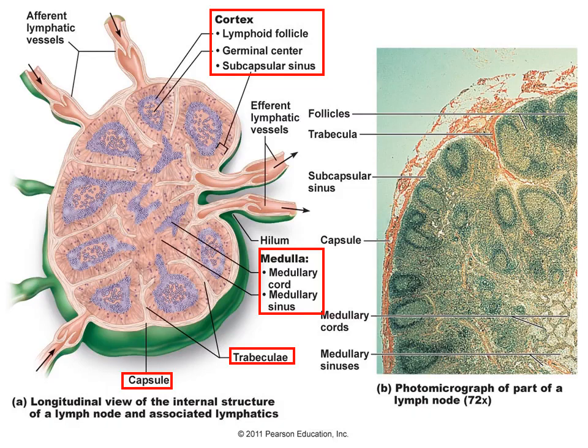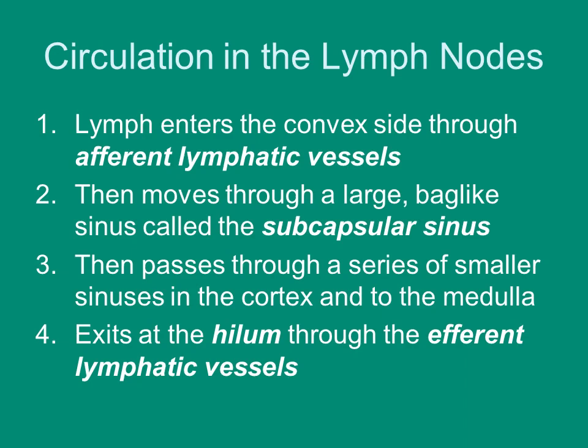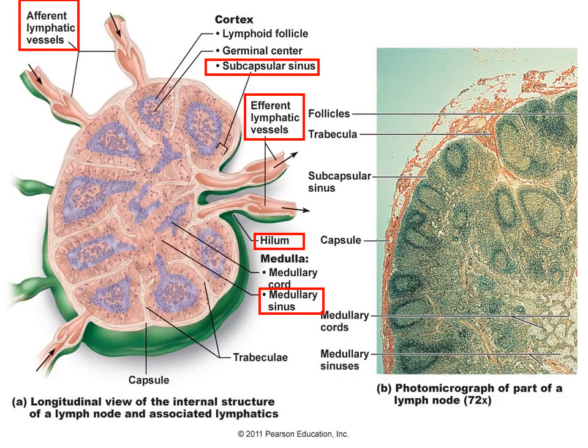While it's in that lymph node, that's where it hopefully is going to come in contact with the macrophages and the lymphatic cells. So I said that lymph enters through the afferent. It's going to move through those open areas, which are the subcapsular sinus areas, and then pass from the cortex to the medulla and finally exit through the efferent lymphatic vessels. Once again, as you can see here.